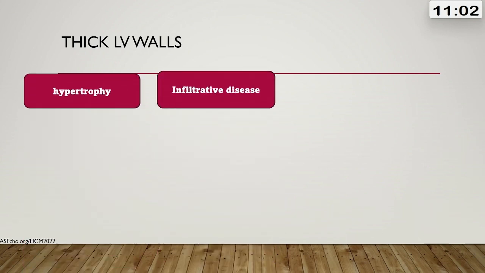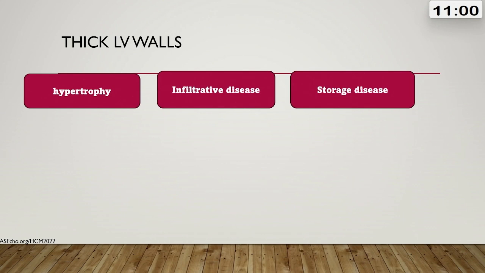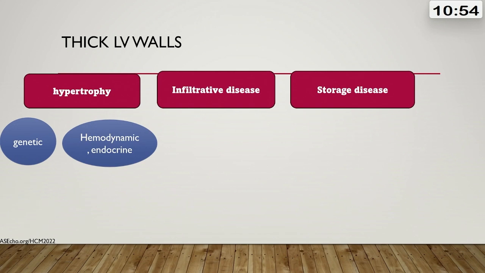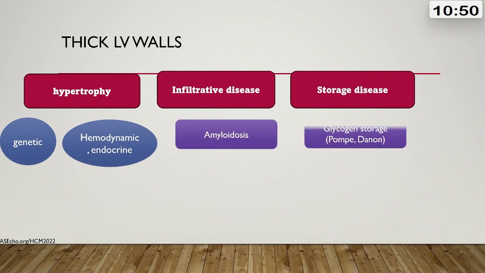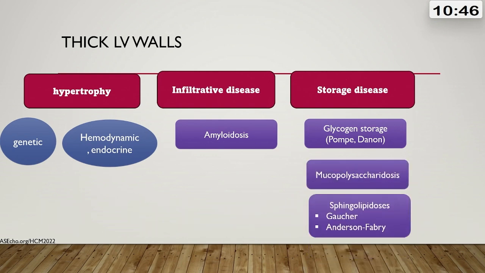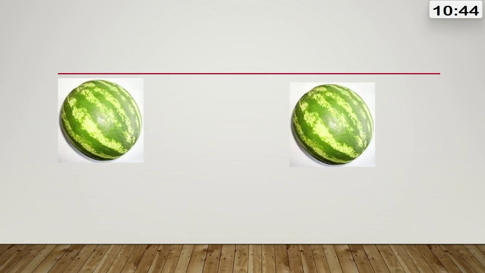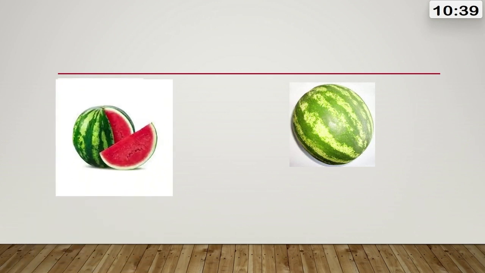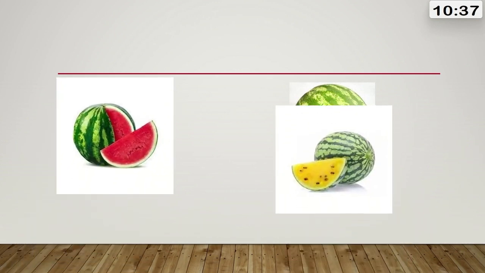Maybe hypertrophy, maybe infiltrative disease or storage disease. Hypertrophy, genetic, which is HCM, or hemodynamic, endocrine, or infiltrative disease, of course amyloidosis, or storage disease such as Pompe-Danon, mucopolysaccharidosis, and Anderson-Fabry disease.